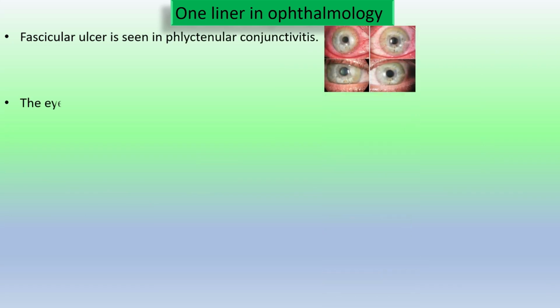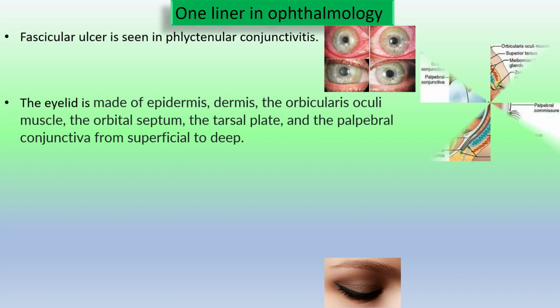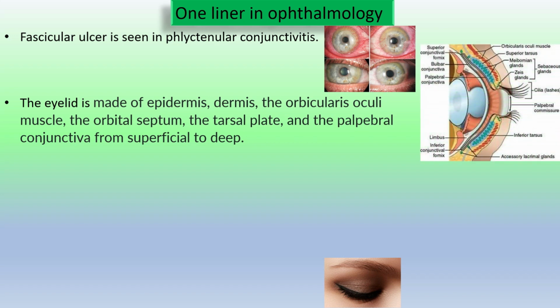The eyelid is made up of epidermis, dermis, the orbicularis oculi muscles, the orbital septum, the tarsal plate, and the palpebral conjunctiva from superficial to deep.